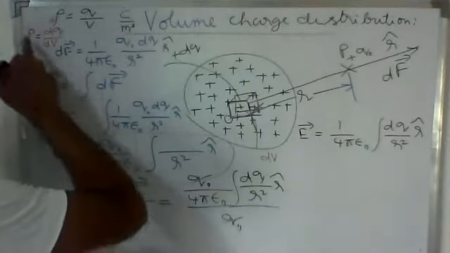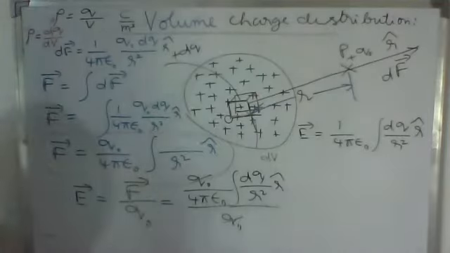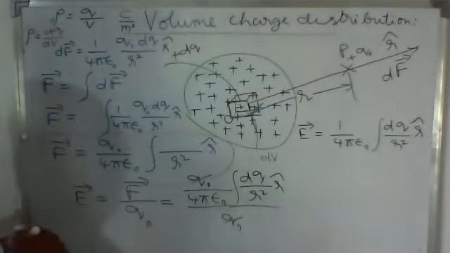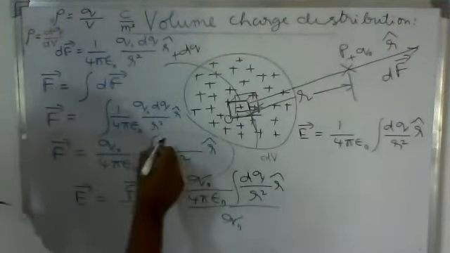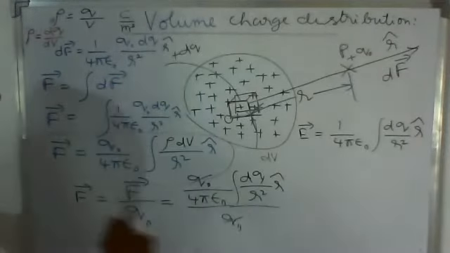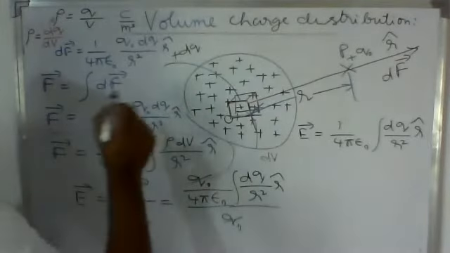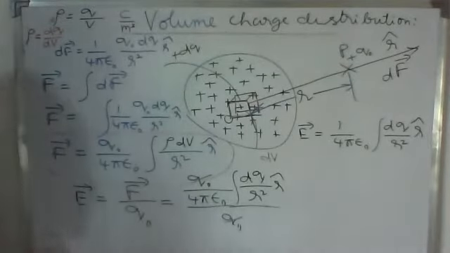So rho is equal to dq by dV, so dq is rho into dV. We can replace dq by rho into dV.